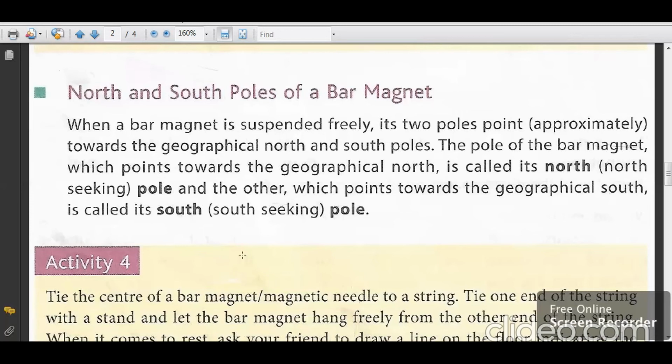North and south poles of a bar magnet. When a bar magnet is suspended freely, its two poles point towards the geographical north and south. The pole of the bar magnet which points towards the geographical north is called its north pole, and the other which points towards the geographical south is called its south pole.